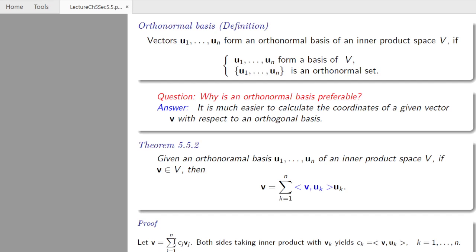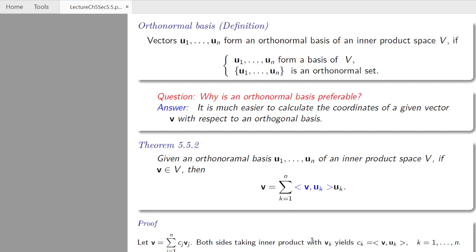Then on both sides we take the inner product with the vector uk. Sorry, this should be uk, not vk, because we assume here the base is u1 to un.